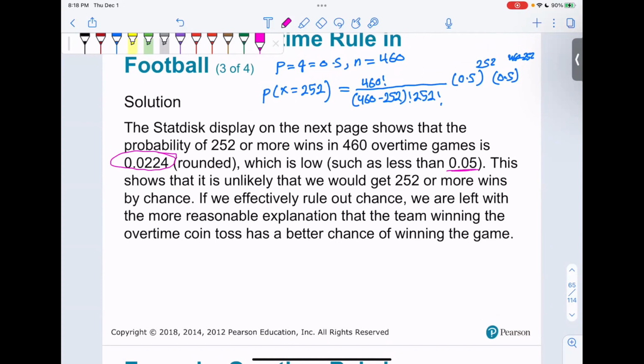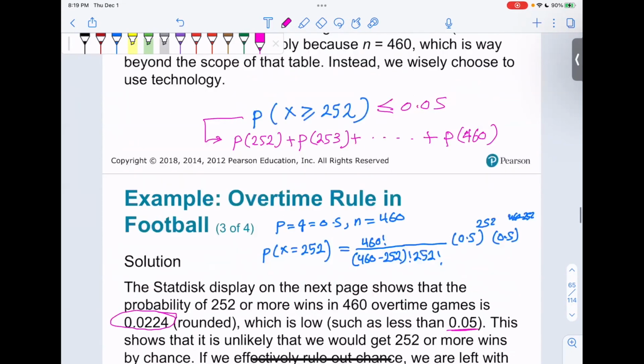Okay, so now if this value is greater than 0.05, we will say, okay, having 252 wins or more will happen just by chance. But if this value, as we explained, is smaller than 0.05, then having 252 wins or more is unlikely to be just by chance, right? Then yes, it's a significantly high number of successes, right?